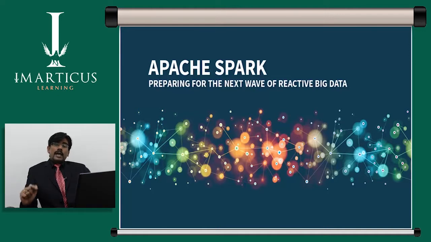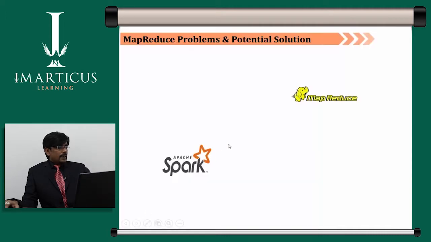However, Spark can also use Hadoop storage in one of the models. We'll see those models where Apache Spark is actually using the Hadoop storage model. Let's move ahead and see what problems we were facing with MapReduce, and how Apache Spark is beneficial in resolving those problems.